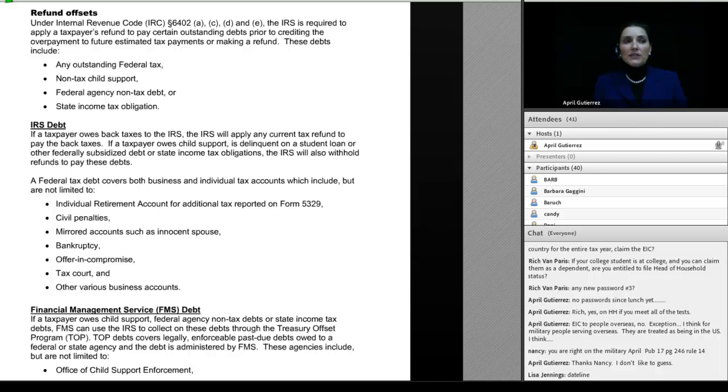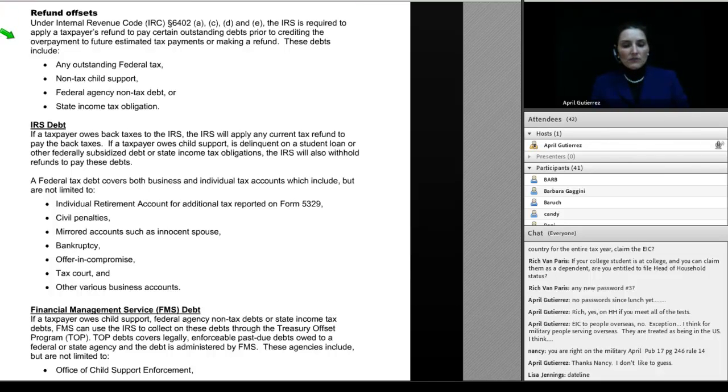So we're going to talk a little bit about offsets because when they happen, your clients are upset and they may come to you. Sometimes they're accusing you of stealing their refund, and other times they're asking for your help in getting their refund. But either way, you really need to understand the process of what's going on so that you can give knowledgeable, factual, accurate information to your clients.